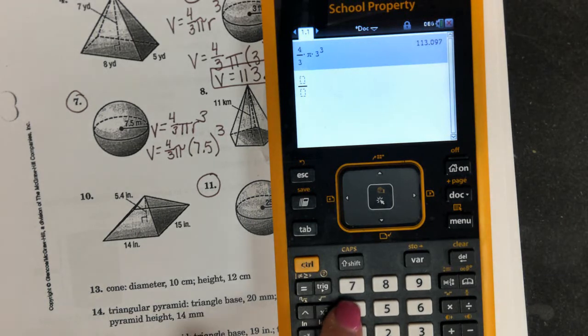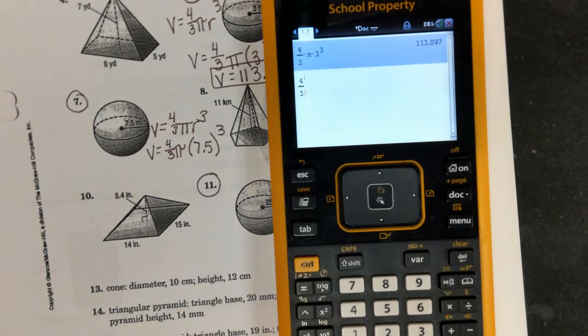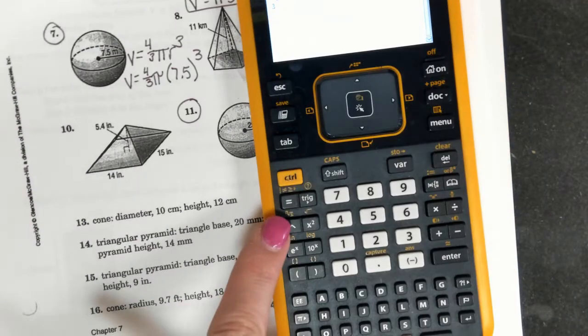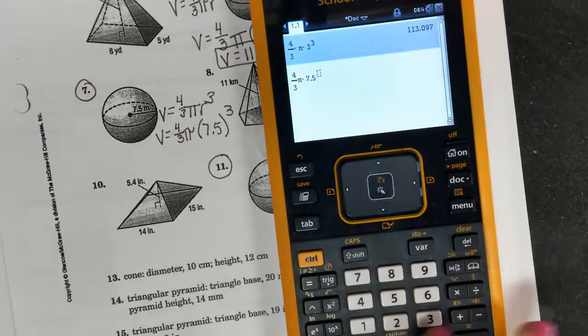Okay, I'm going to type in 4/3. I'm going to get my cursor out of the fraction. Pi down there at the bottom left, times 7.5, caret house roof key to the 3rd power.